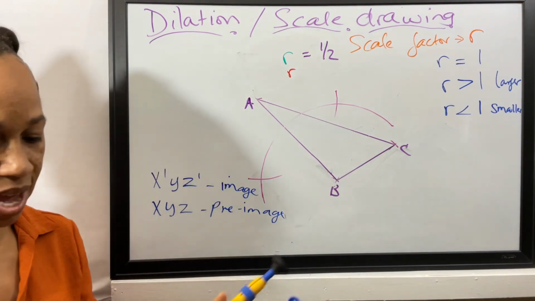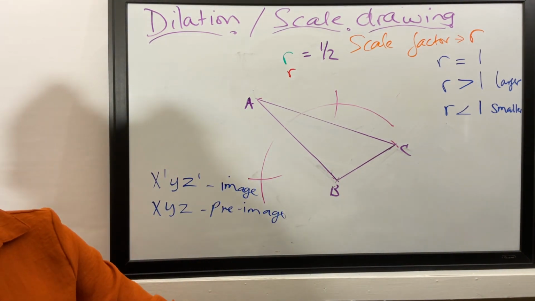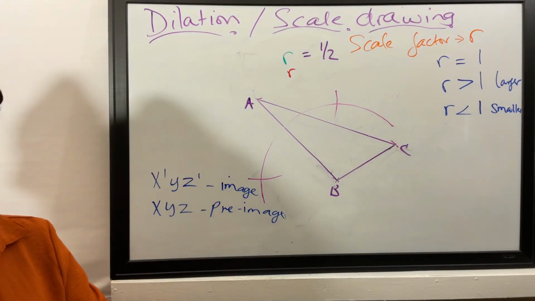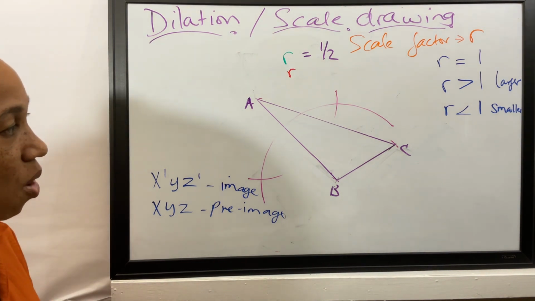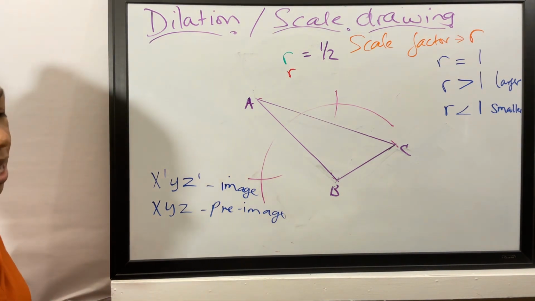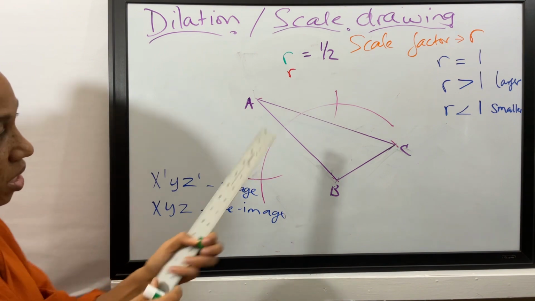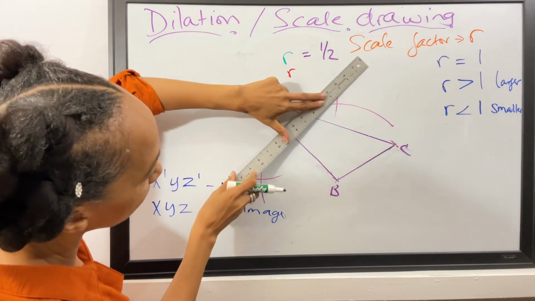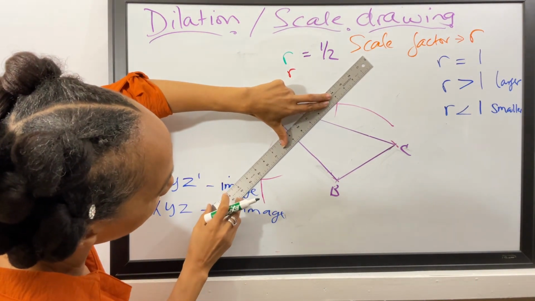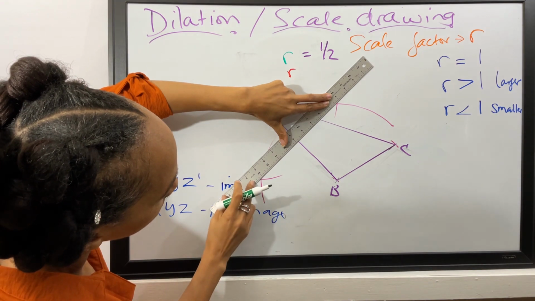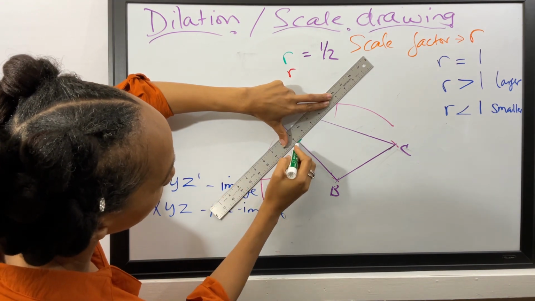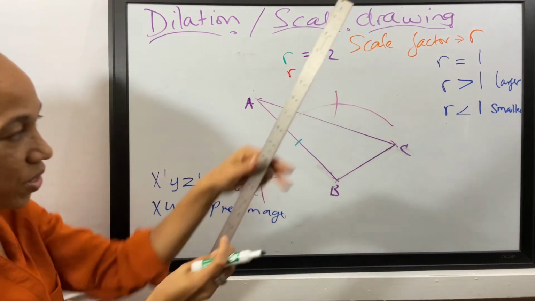I don't need to do the entire circle or semicircle. I simply need the midpoint on segment AB. So I am connecting my arcs here, and I just need that midpoint right here. That's all I need. Okay?